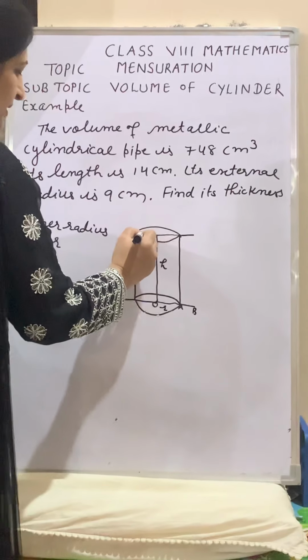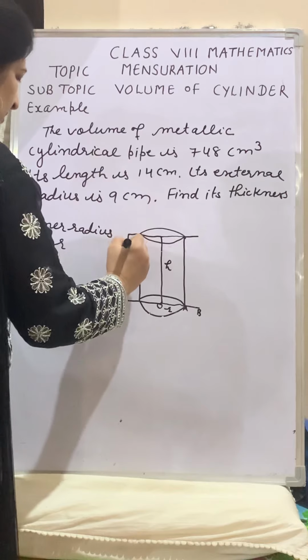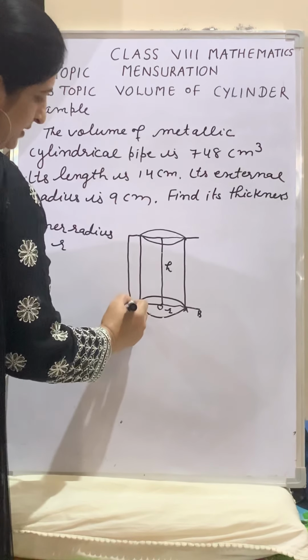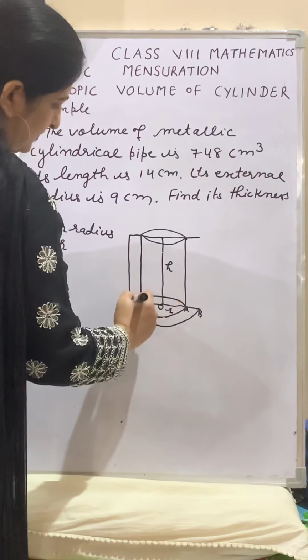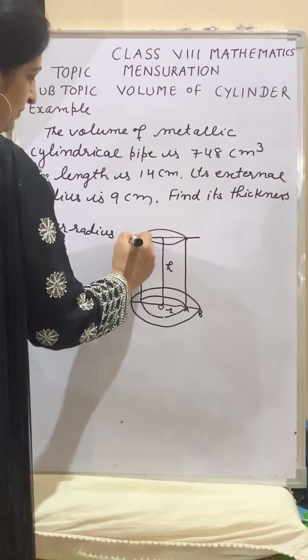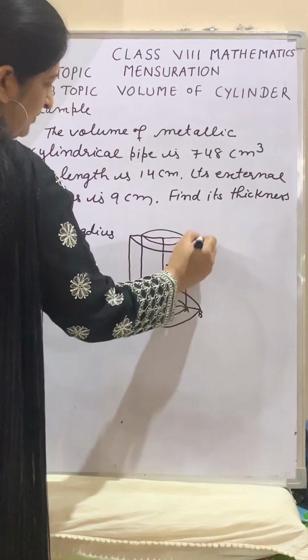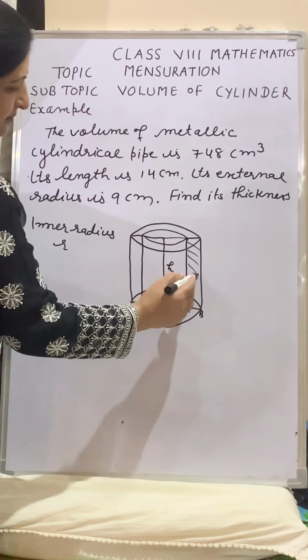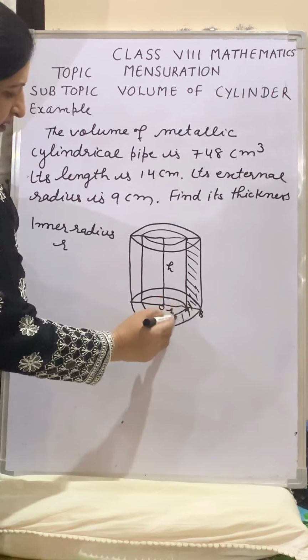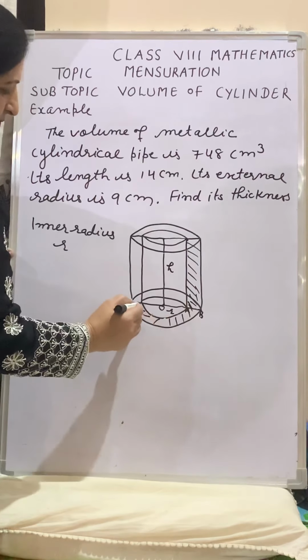And we make the external cylinder with thickness. How? This type. It is all metal. It is the thickness of metal. When a cylindrical object is made of metal, then this figure will be formed.